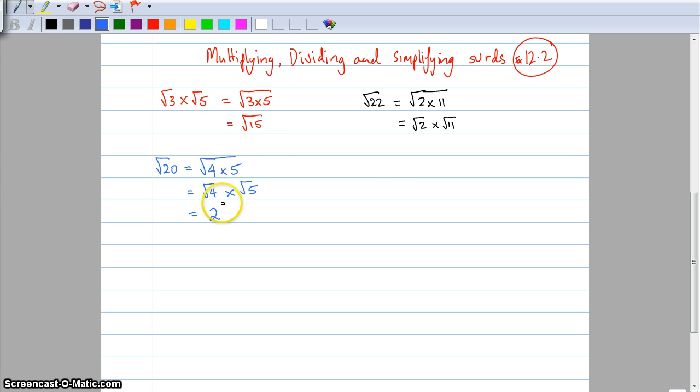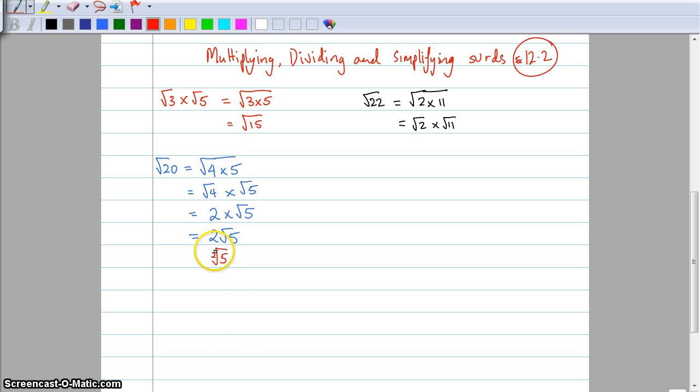So the square root of 4 multiplied by the square root of 5. It doesn't matter whether you write it like that or whether you write it like this. It is different though than this. The 2 is actually multiplied by the root 5, not up here above the square root.